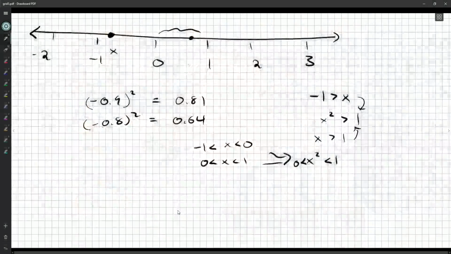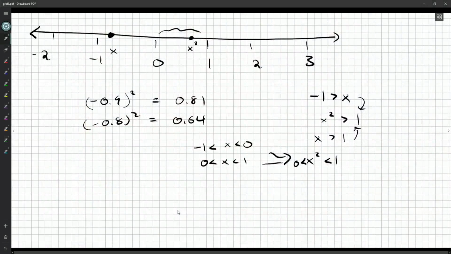So our x starts negative. If I were to cube it, not what the question asks for, but if I were to cube it, I know I'd get closer to 0, but I'd still be negative. So x squared is here, x cubed might be about here, and then x to the 4 might be here, x to the 5 might be here, and you just sort of spiral in.